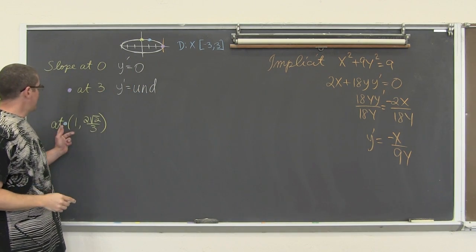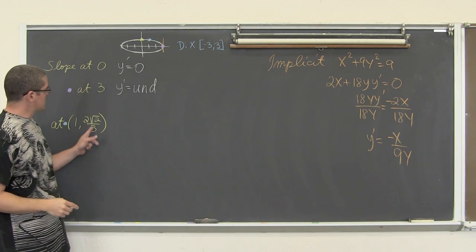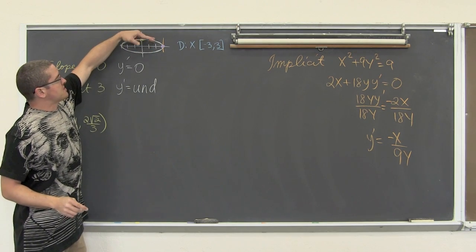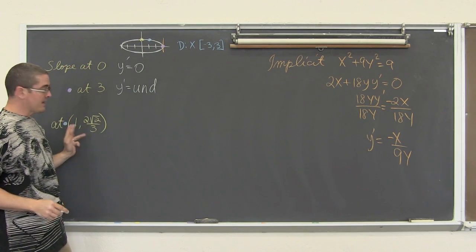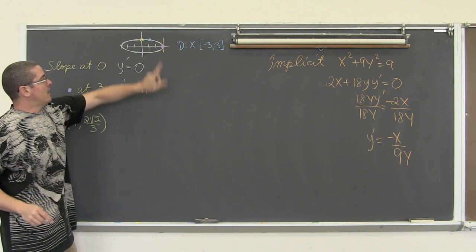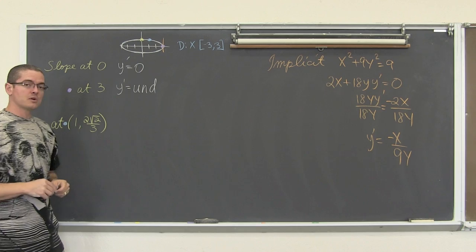So good, we got the answers we were expecting based off of our graph of the function using our derivative here. Then at 1 comma 2 square root of 2 over 3, we're over a little bit, and the graph is starting to fall, just some. I gave us a specific point, so I don't want the slope here and the one down at the bottom. I just want it at 1 comma 2 square root of 2 over 3.